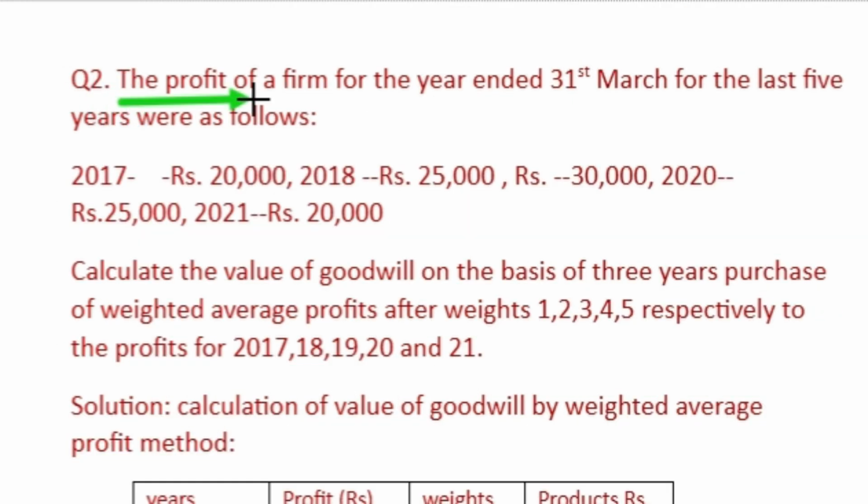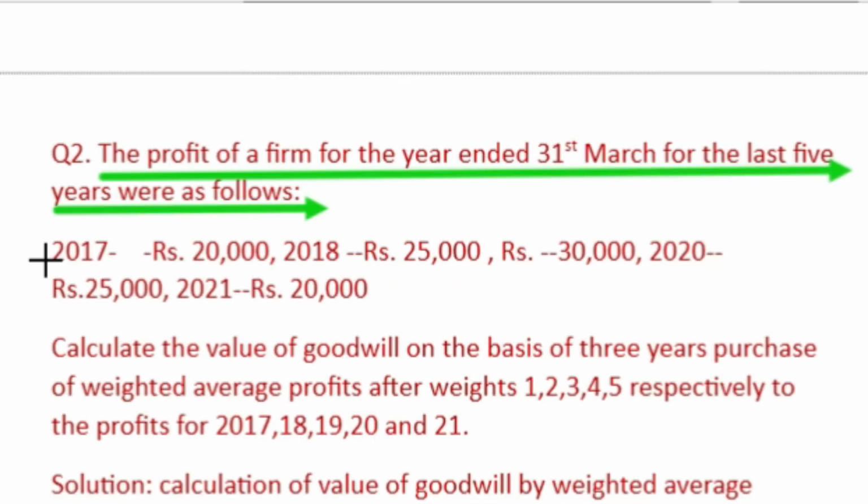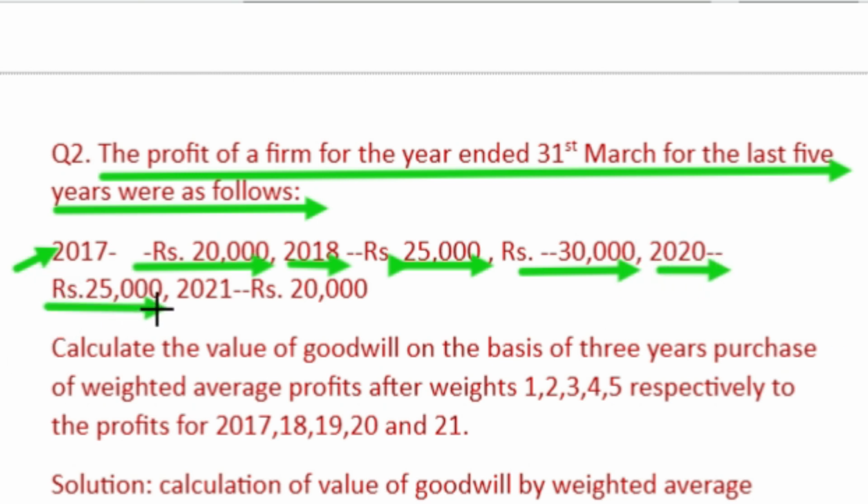The profit of a firm for the year ended 31st March for the last 5 years were as follows. 2017, the amount of profit 20,000; 2018, the amount of profit made by the business 25,000; 2019, rupees 30,000; 2020, rupees 25,000; and 2021, rupees 20,000.